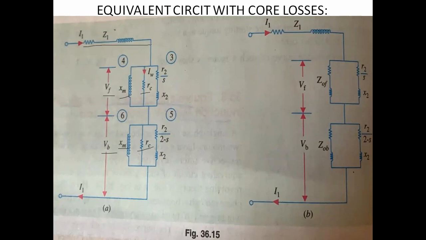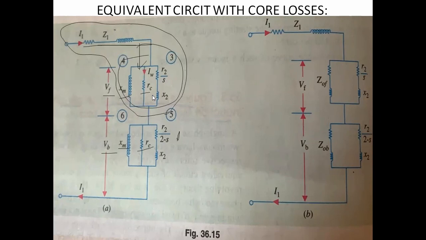This is the common stator and this one is the forward running rotor, not this rotor, which is the backward running rotor. So core losses will be more in the common stator and forward running rotor.